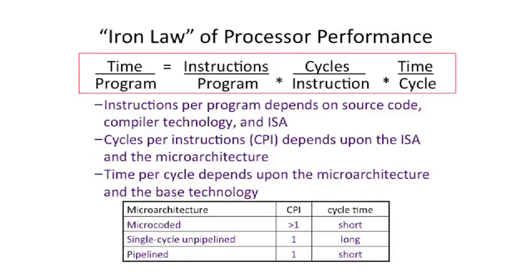So you can see there are different numbers of cycles per instruction, dependent on the microarchitecture. And it also depends a little bit on the instruction set architecture. If you have a more complex instruction, you might need to take more cycles to execute that. So something like the string move instruction, or the rep movsb instruction we talked about in the last lecture on x86, will actually turn into multiple microcoded instructions on an x86 processor.